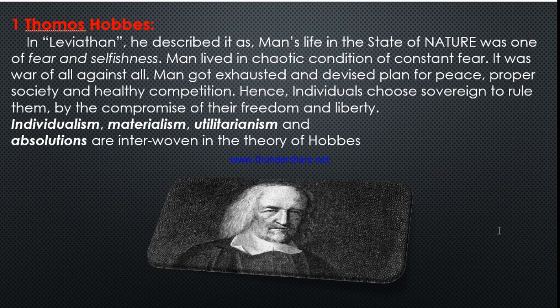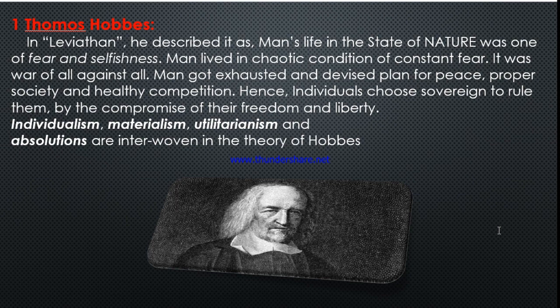So men got exhausted from those daily fights and the threats from fellow human beings, and they devised a plan that we need a proper society in which we have healthy competition and we could live peacefully. As a result, they chose a sovereign ruler to rule them, in return for the compromise they made on their freedom and liberty.